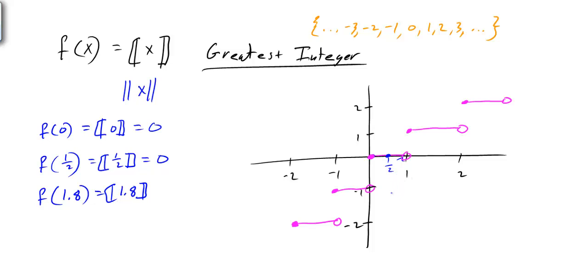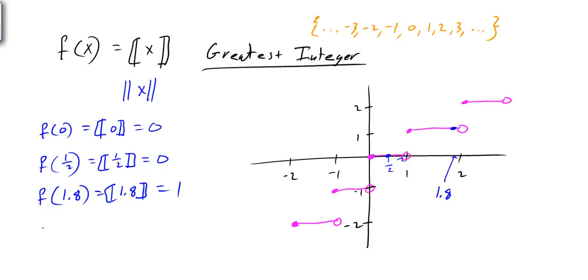This is 1, so over here, this would be 1.8 here. So what is the greatest integer less than 1.8? Well, of course, that would be 1. So therefore, that's why our point is up here at 1. So you're looking at the greatest integer that is less than that number unless the number is an integer.